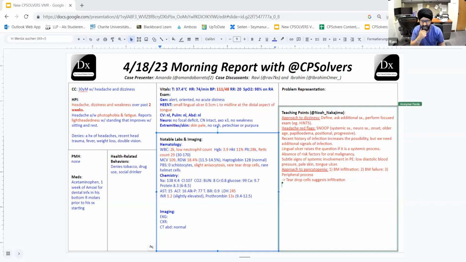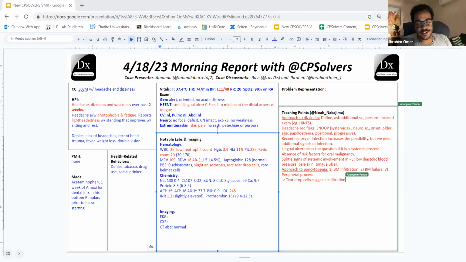I don't think PNH would cause it to this degree. There would be other associated signs and symptoms, and again, there would be a hemolytic process at play. So yeah, I'm wading in the dark here. I have a couple of thoughts, but it's kind of early to commit to a diagnosis. Any other thoughts, Ibrahim, before we move on?